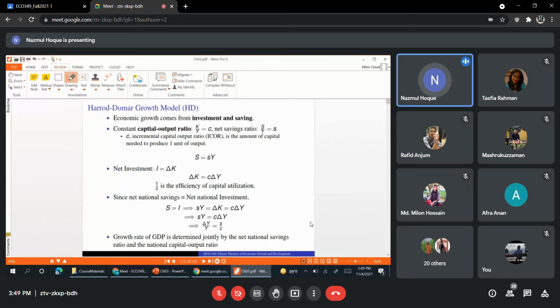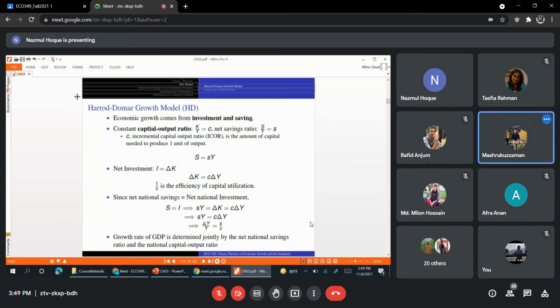So can someone tell me what this thing is? This is basically the growth rate, since change in Y by Y. Exactly. So this represents the growth rate of output. So the growth rate of output in an economy is the ratio of net savings rate and incremental capital output ratio.